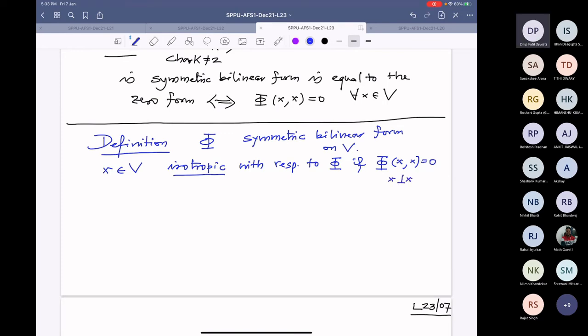Now this doesn't happen in our Euclidean geometry, but it is very useful. You will see in the example below.